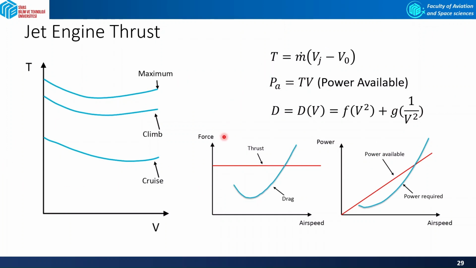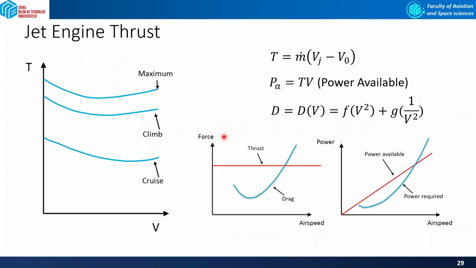So now our aim is to find how this thrust force of the jet engine is changing with the air speed. And to do that, let's say we have fixed throttle settings.